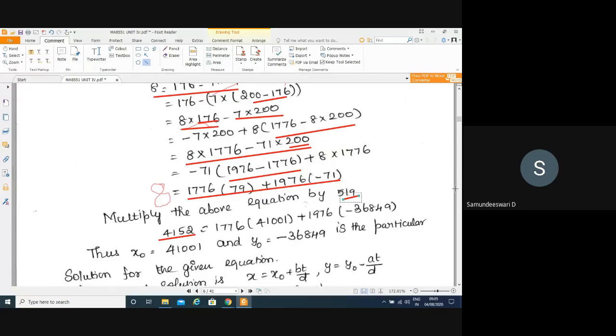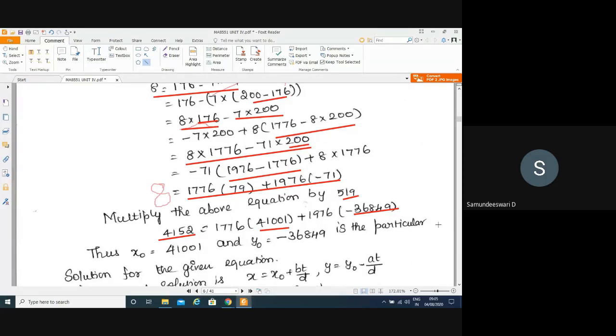We get 4152 equal to... don't multiply 1776, a is constant, so keep it as such. Multiply only that 519 into 79, inside the bracket term only. So 41001 plus 1976 into minus 71 into 519, which is 36849.